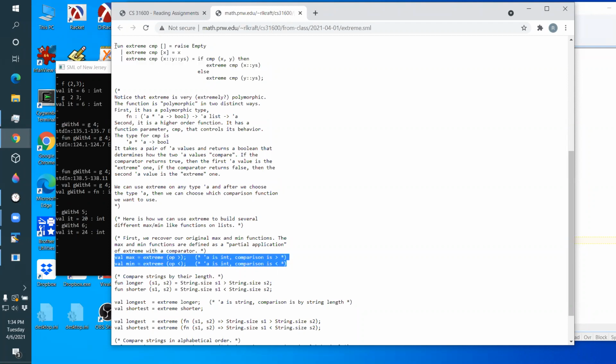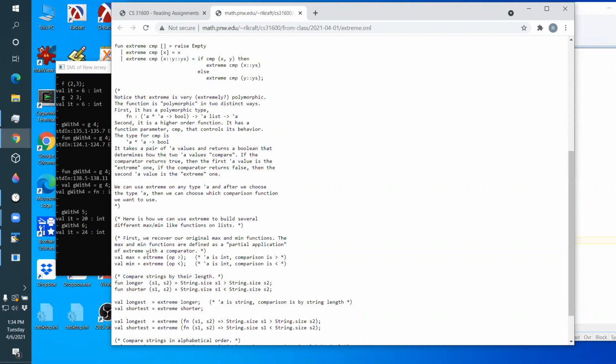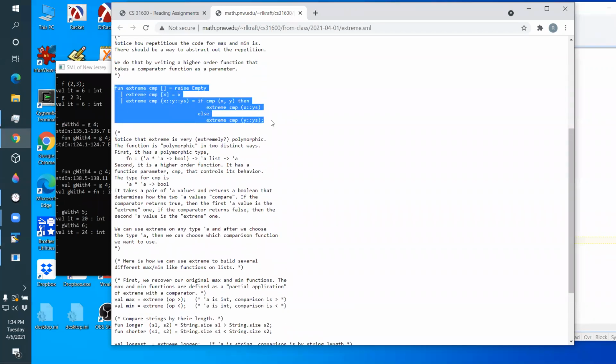The general purpose function might actually only be there to make the code in the library smaller, so that you only debug one general purpose function, but then you build a lot of special cases out of it. It might not be unusual in a library to have a very general purpose complicated function like this that's not even exported from the library. It's just hidden for the developer's use.